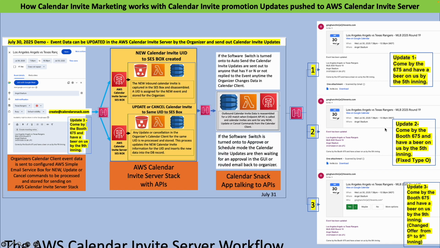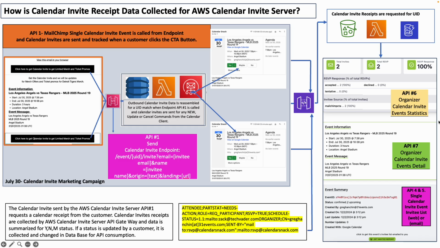And then the final part, as we get to it, will be this switch, which is when we send them out, we have another software switch that requests participation for the end user to request a calendar receipt. This is part of our secret sauce that makes us unique. It is built into the service stack of the AWS Calendar Invite Server.